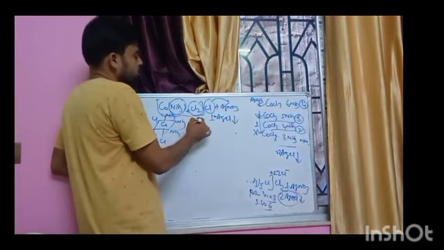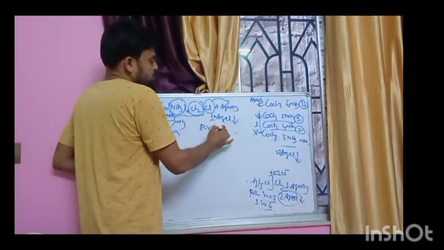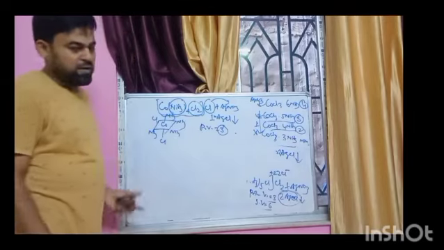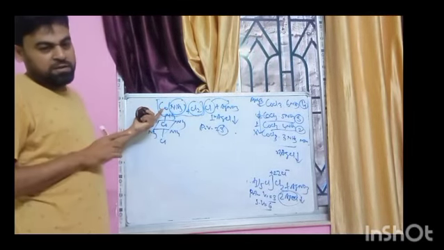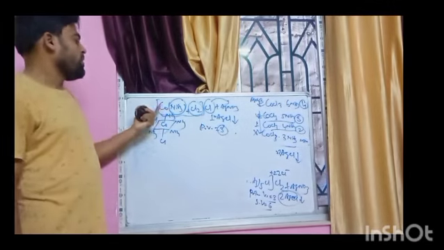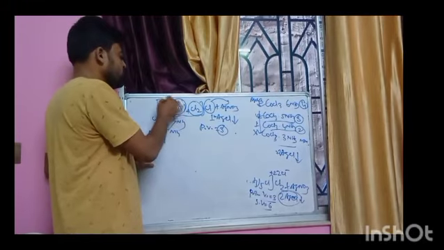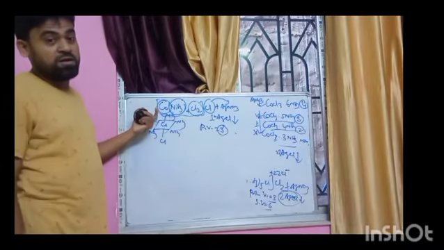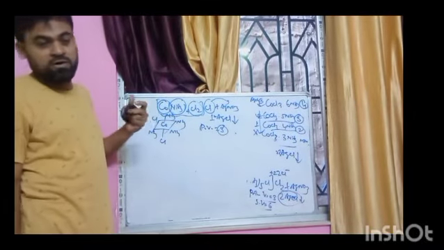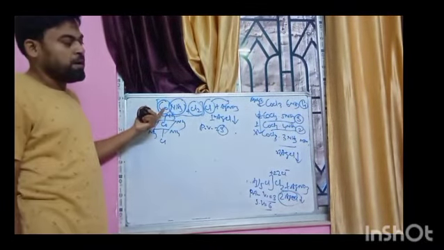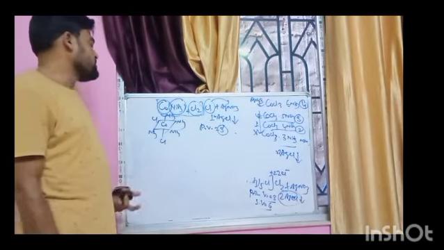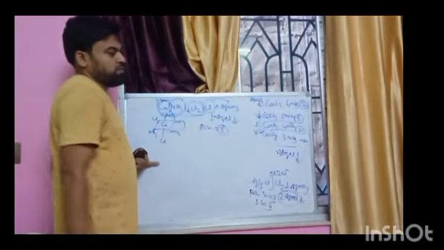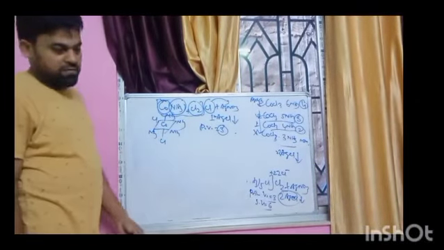Here also the primary valency is equal to 3. Primary valency is the number of negatively charged particles, directly attached or not directly attached to the central metal, which satisfy the valency of the central metal ion.